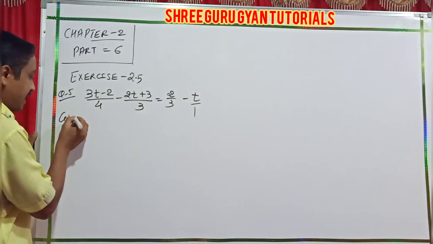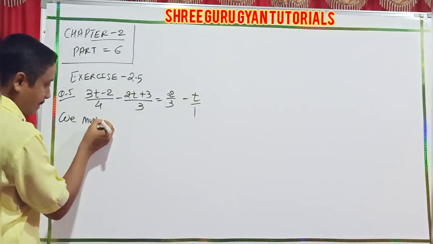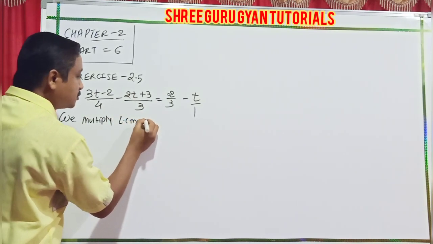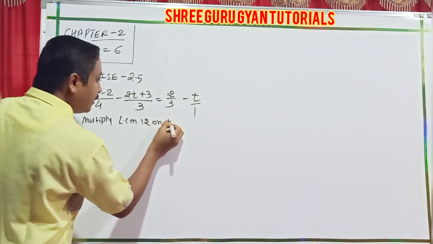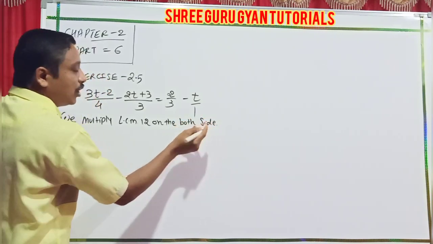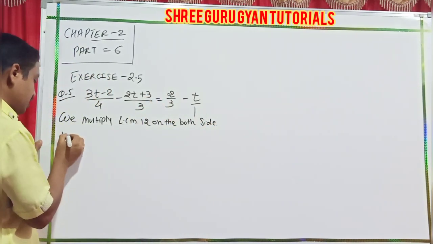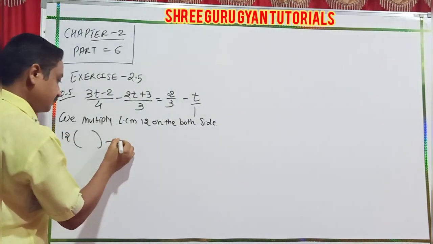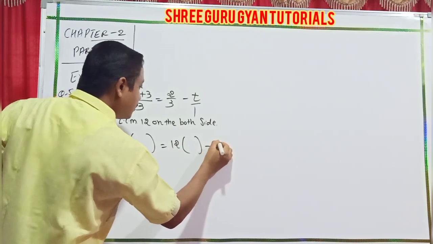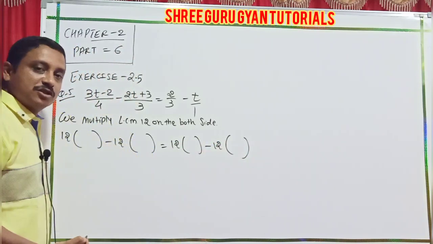So we multiply the LCM 12 on both sides. Each term is multiplied with 12.